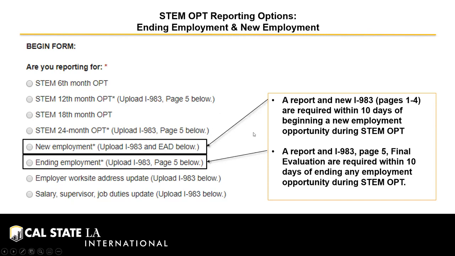And remember that failure to report, or usage of your accumulation of more than the 90 days of unemployment allotted to you, can impact your status. So do your best to communicate with your employers, your managers, your supervisors, so that you can get your I-983 filled out and signed within your 10-day reporting requirement timeframe.